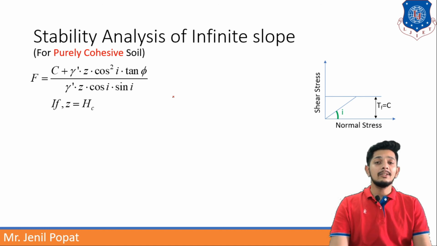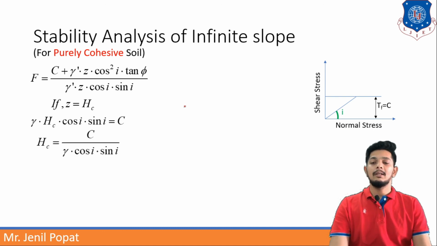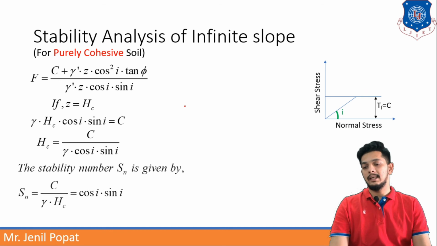If z is equal to hc, that is critical height, if we want to define critical height, we can write gamma into hc into cos I into sin I as c. c is cohesion here. Now hc can be written as c upon gamma cos I into sin I. So we defined hc, the critical height.